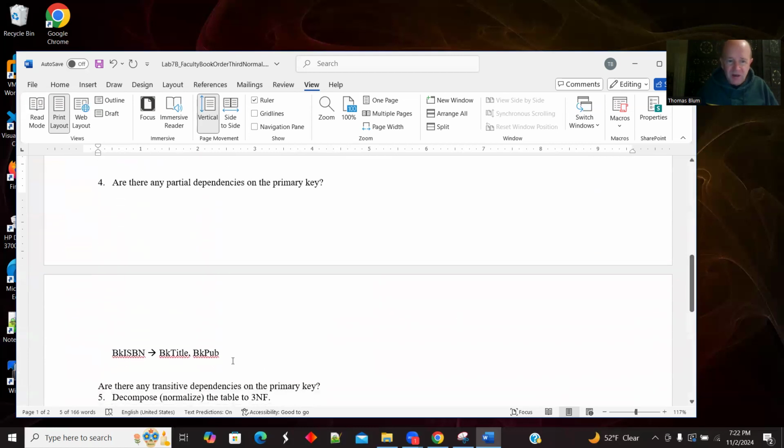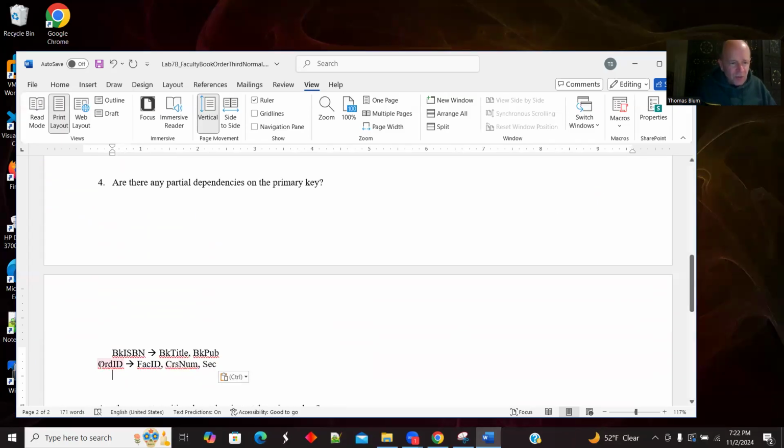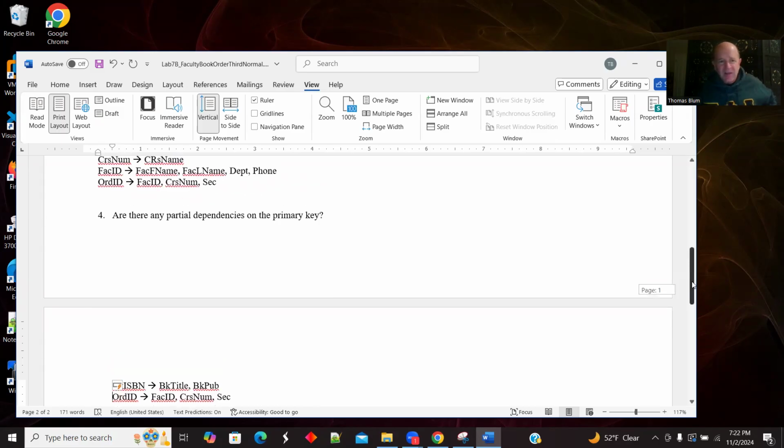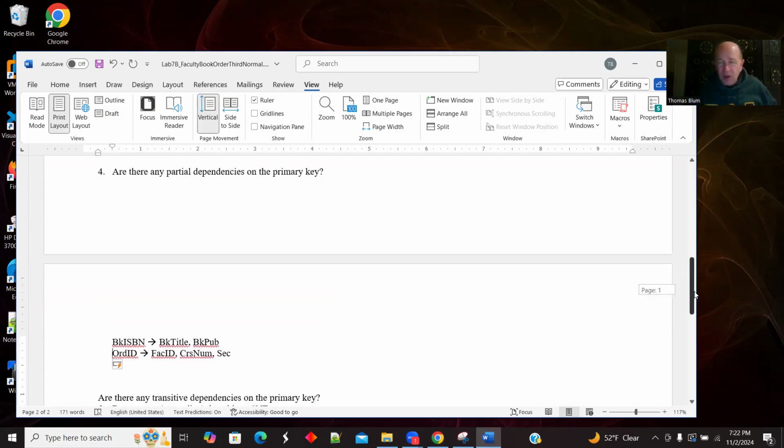They would be if we were doing generalized, but we're just doing the basic primary key, and so those two are the partials. But this suggests that if we're going to second normal form, we should be pulling out a book table. We should have an order table. We should have a book table.